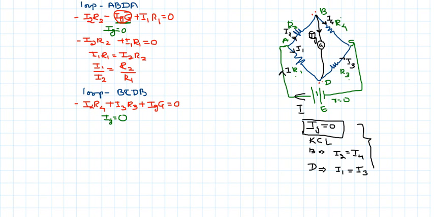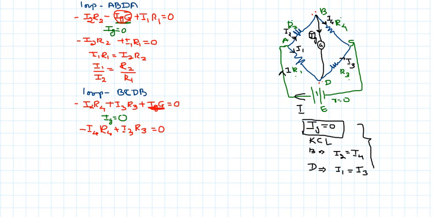IG is equal to 0, so what happens? That is, this term again vanishes off. We are left with these terms, that is, minus of I4 into R4 plus of I3 into R3 is equal to 0.